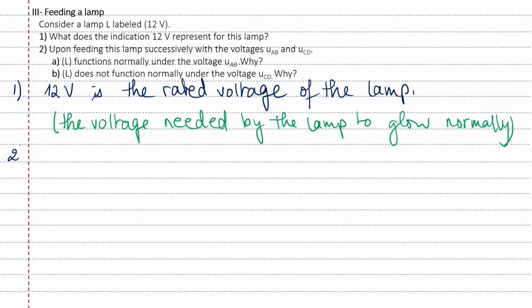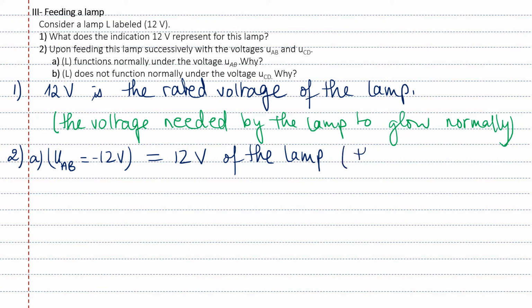Part 2a. Upon feeding this lamp successively with the voltages, the lamp functions normally under the voltage UAB. Now UAB equals minus 12 volts, which is equal to 12 volts of the lamp. Here you might ask, how is the minus 12 equal to 12?